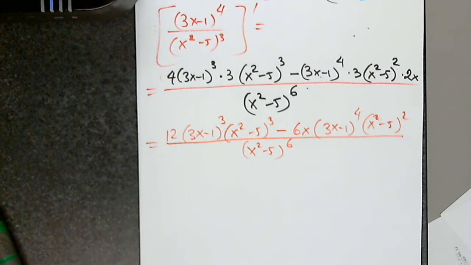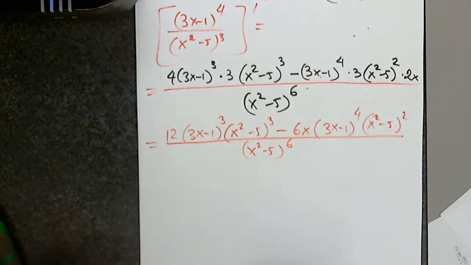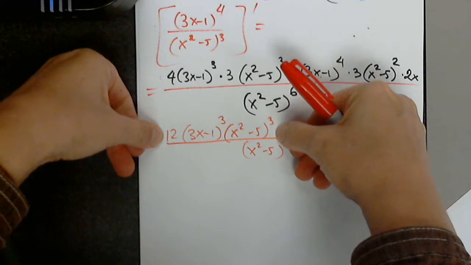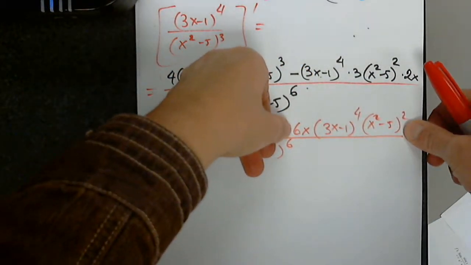So now, how many terms do I see at the top? Two terms, very good. This is one, and this is the other.